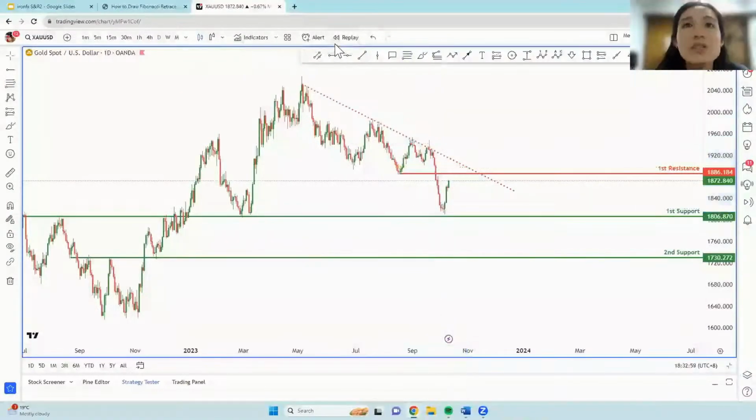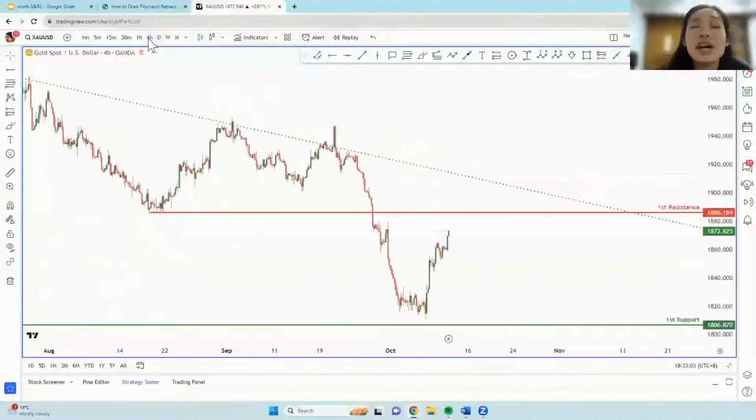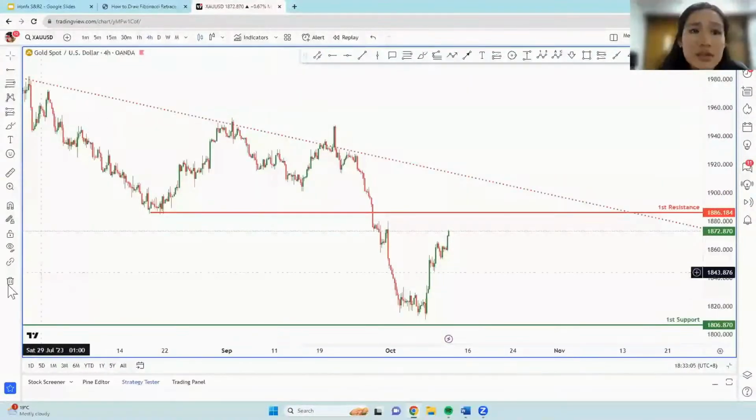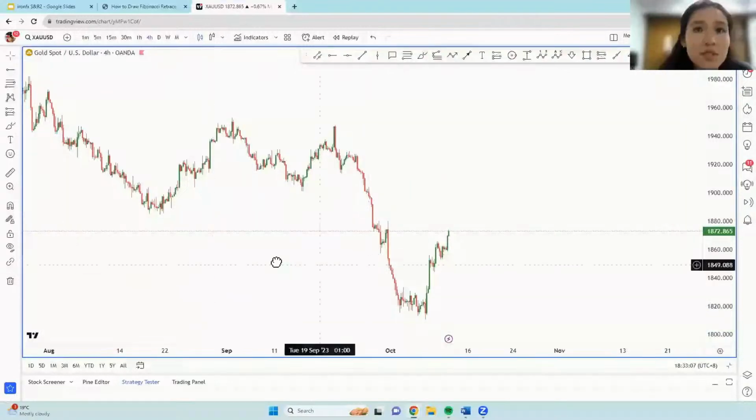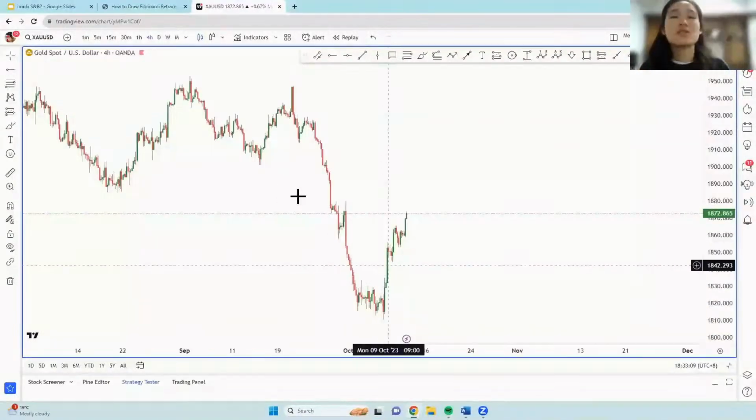Oh wait, this is the daily time frame. I'm going to analyze it on either the 1 or 4 hour time frame instead. Okay, so here's the 4 hour time frame.